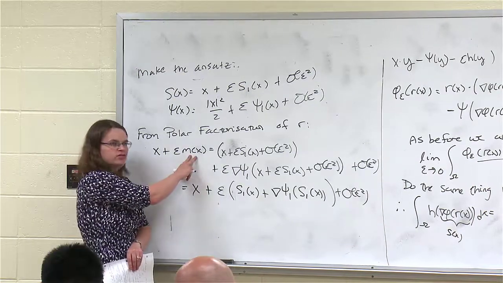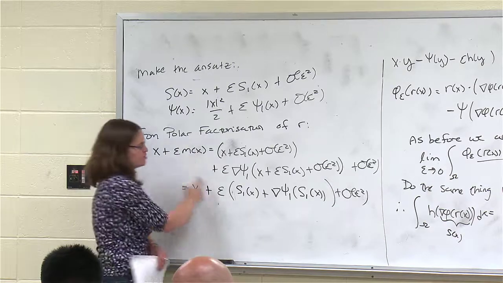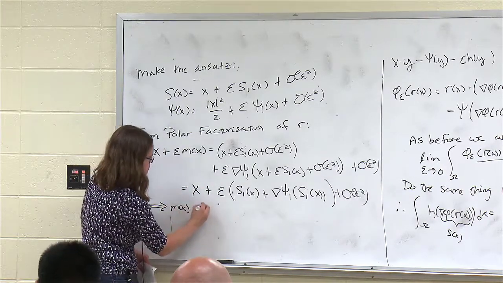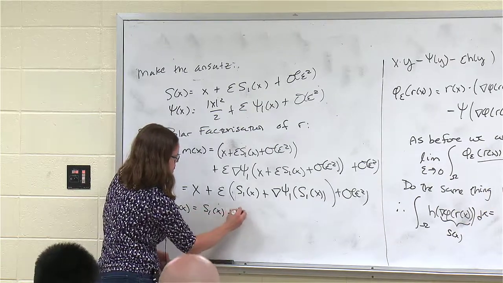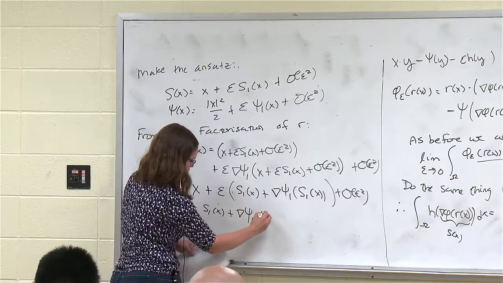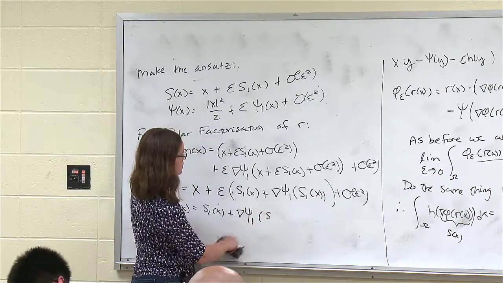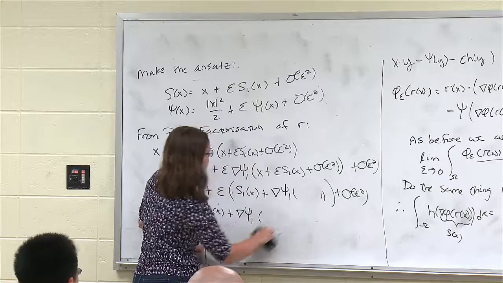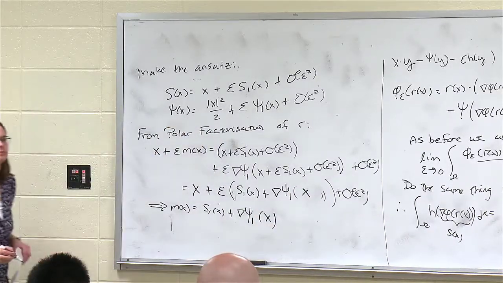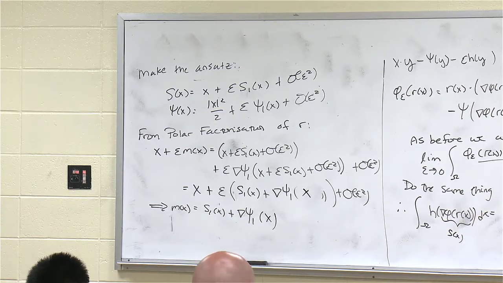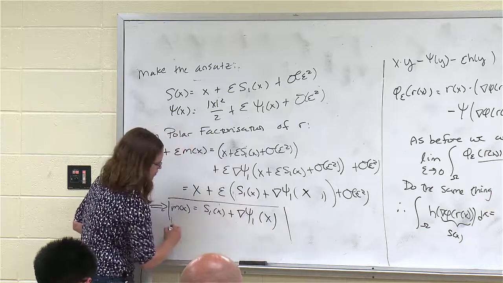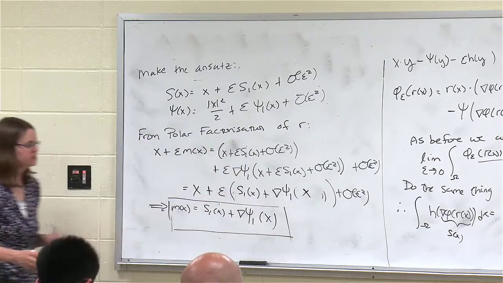Okay, so this suggests that for this to work out, M of x should have this structure. Okay, it should be equal to S1 plus the gradient of C1 evaluated at, sorry, this should just be at x. Okay, so this is one thing that we're going to expect. If the asymptotics are to work out, this should be true.